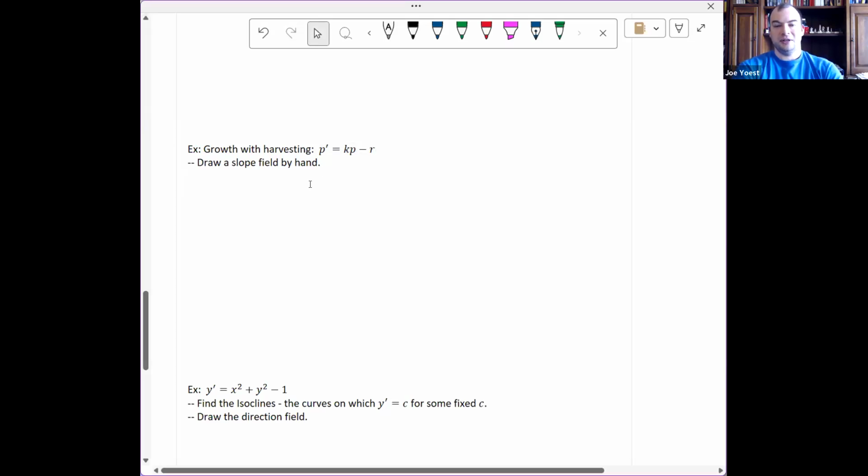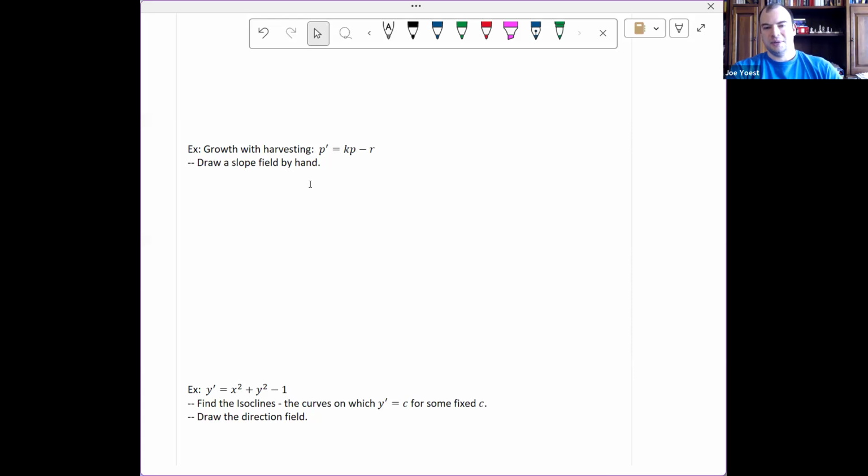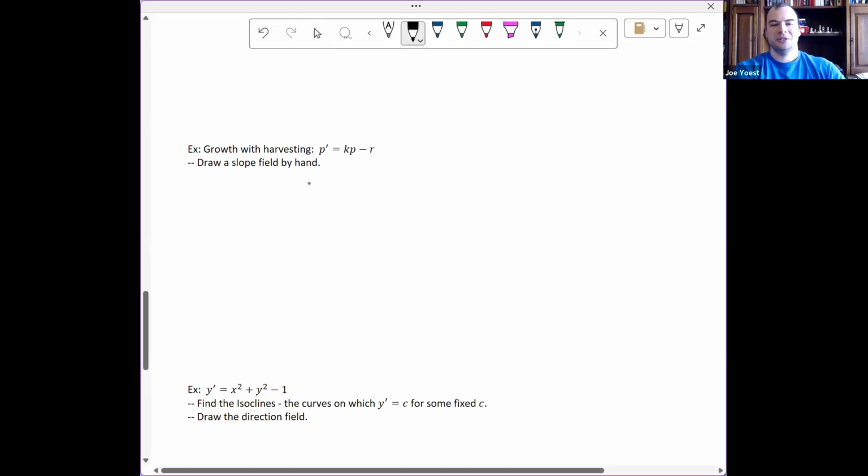I can't really get a good feel on how they interact if I just pick numbers for K and R and plug it into the plotter over there. So when I have parameters like this and I want to understand how they interact with the solutions, it's going to be better to do some work by hand.